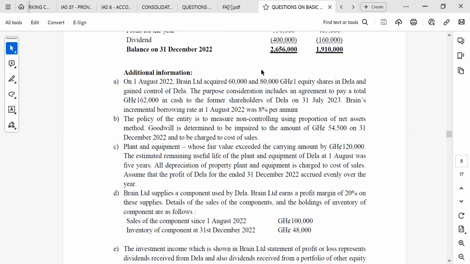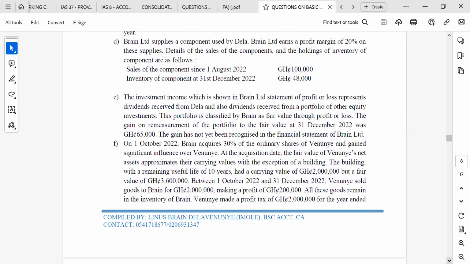Nobody is asking you to prepare or to calculate a goodwill. You can only do the goodwill if you are being asked to calculate the goodwill, or you are given impairment of goodwill in percentage. So if you want to know the impairment, you have to calculate the goodwill first before you know the impairment. But this one, the impairment has been given to you straightforward. So whatever they are using for the goodwill, the non-controlling interest is none of your business because we don't bring non-controlling interest to profit or loss.